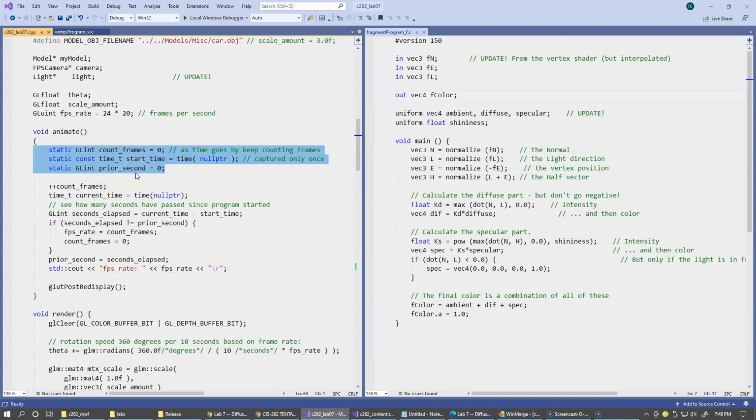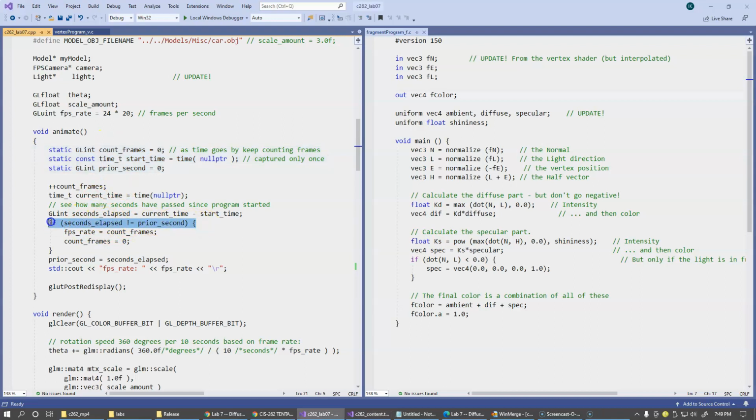So the static variables in the function body, or the local static variables, are initialized only once when the thread of execution passes their constructors the first time. Beyond that initialization, the variables remember their state between the function calls. So this animate function becomes a function with its own state.